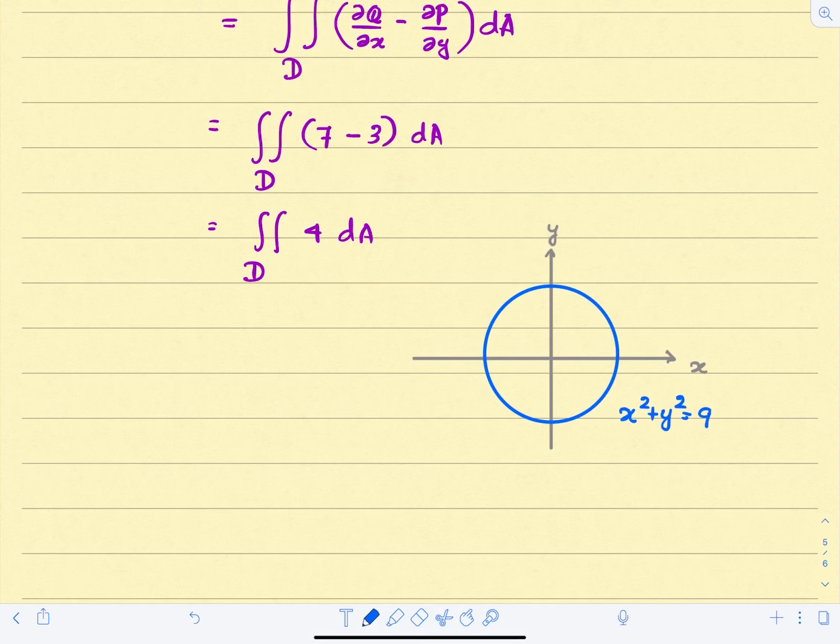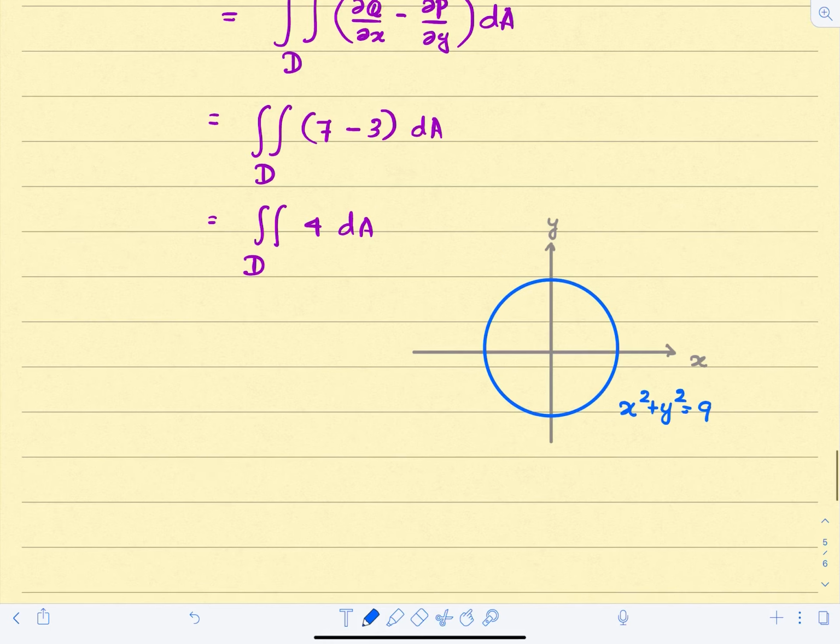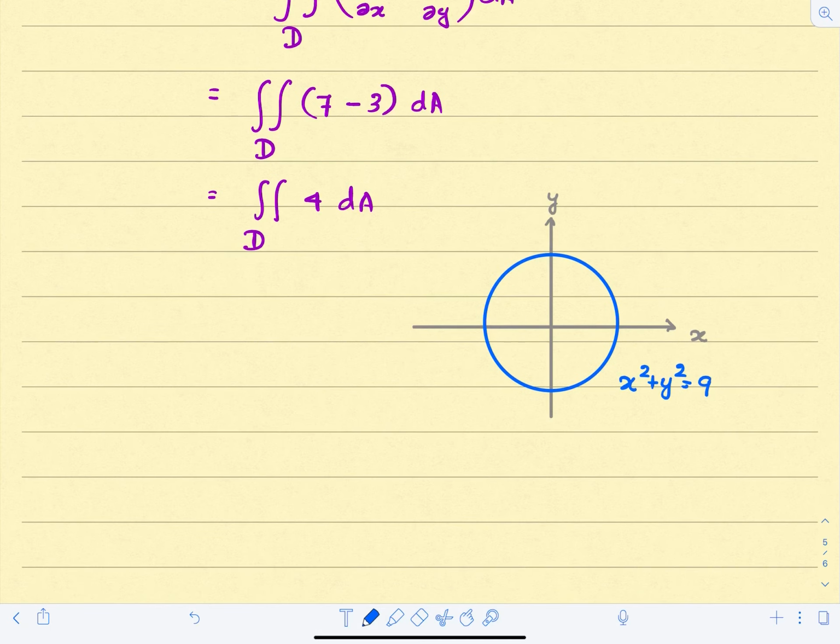Okay, so since we have a circular domain, it is easy to use polar coordinates to solve this integral. So we have 4 times r dr d theta, and r goes from 0 to 3, and theta goes from 0 to 2 pi.